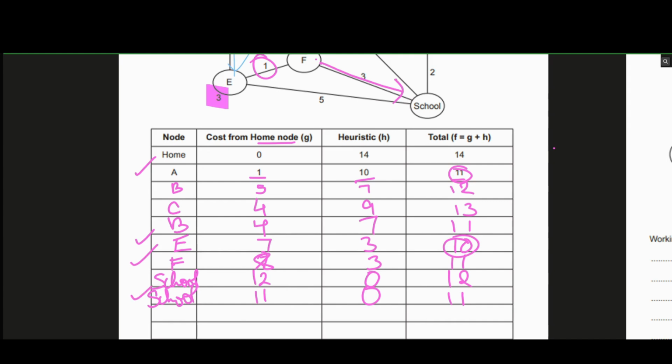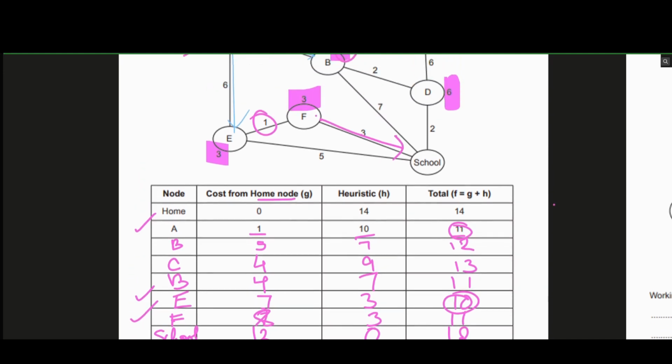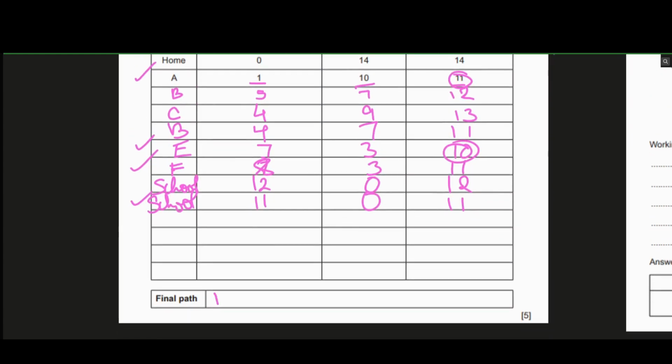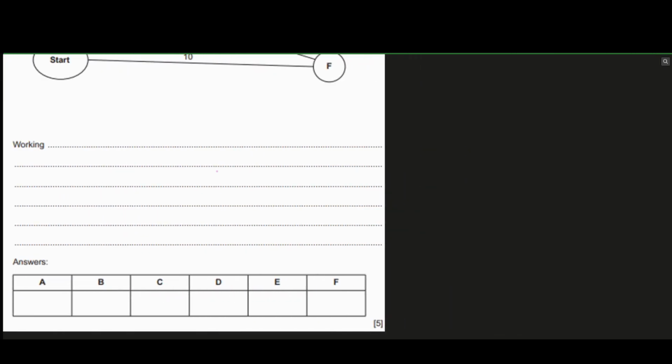So try to solve this yourself. Now what is the path that we have established? Home, B, then E, then F, then school. So this is what we have established.